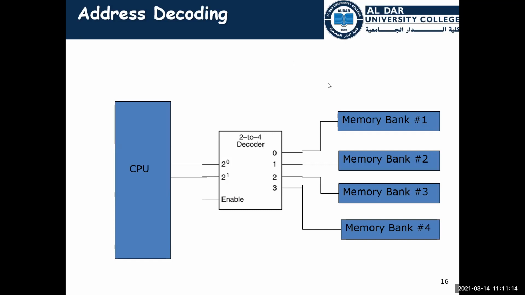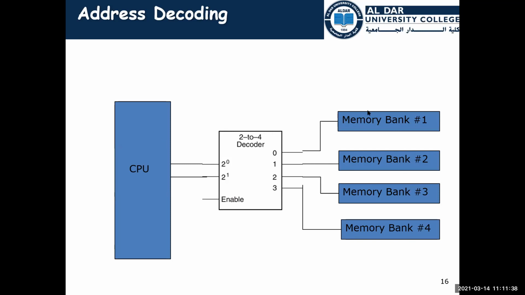It's very simple. Okay, Abbas is sharing on the chat. He's saying 2 by 4 decoder using enable. Yes, I want the idea of the decoder. I mean, we have memory banks here. I want this memory bank to pass the entire bank to the bus.